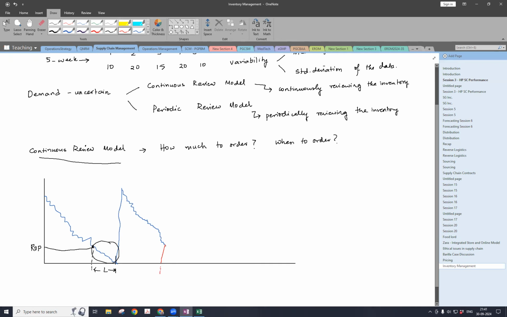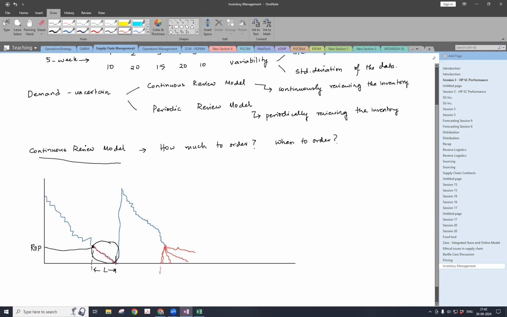Or we might have a situation where this squiggly line is very flat for the lead time amount of days, which means that by the time we get our next shipment, we still have a significant amount of inventory left. The other situation could be something like this, where we end exactly at zero. So there are multiple situations that could happen from the point where we hit our reorder point. That's what this wiggly line with different slopes represents.